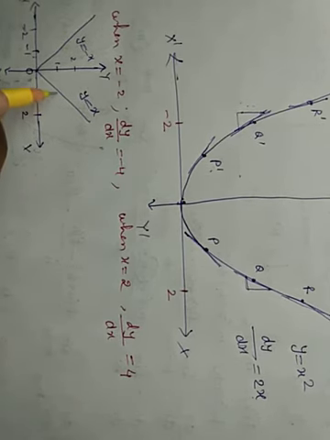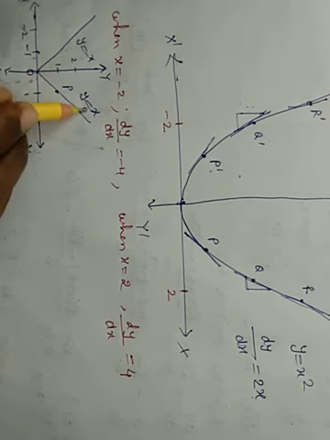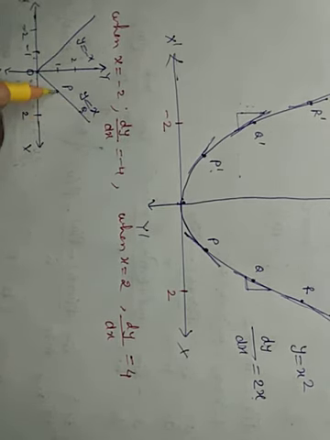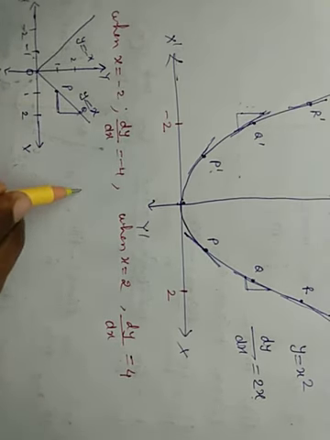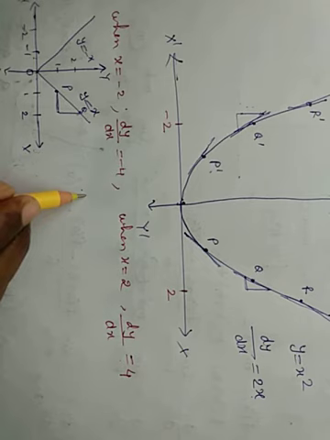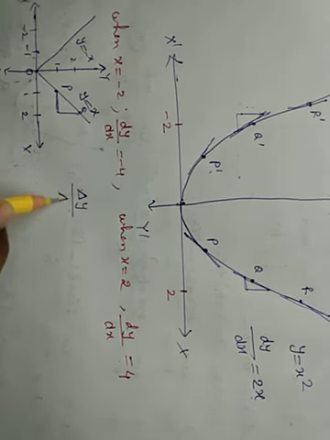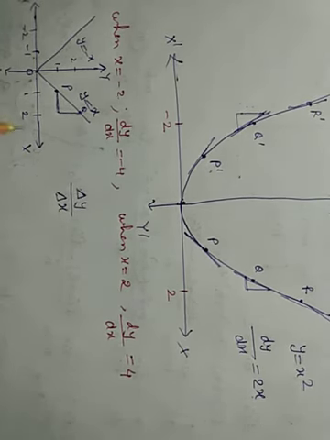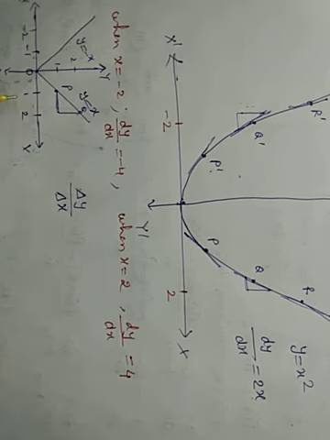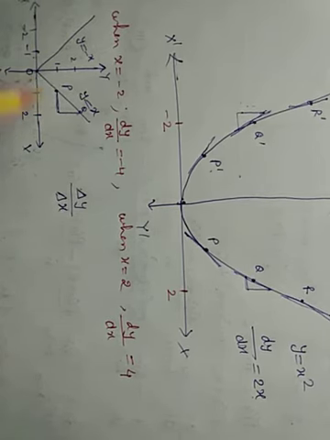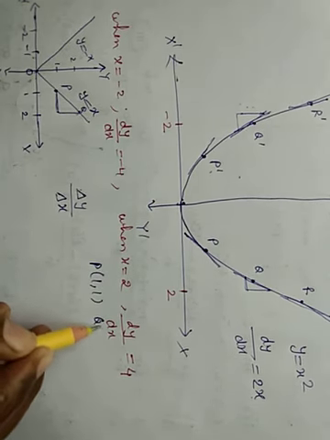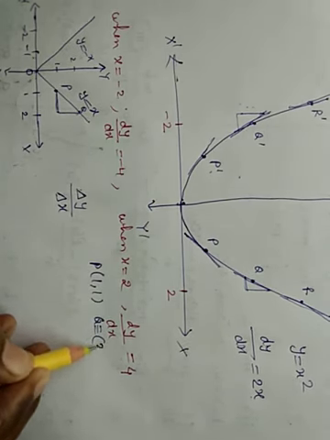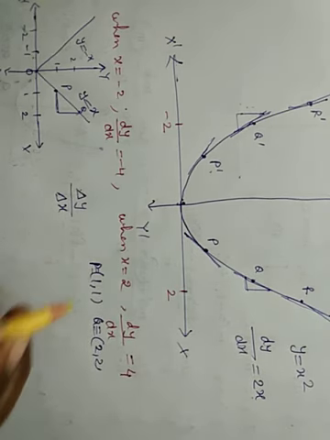Now suppose this is point P and this is point Q. If I am finding the gradient over here, means I am finding delta y by delta x, what answer will you get? The coordinate of point P here is 1, 1 and the coordinate of point Q here is 2, 2.